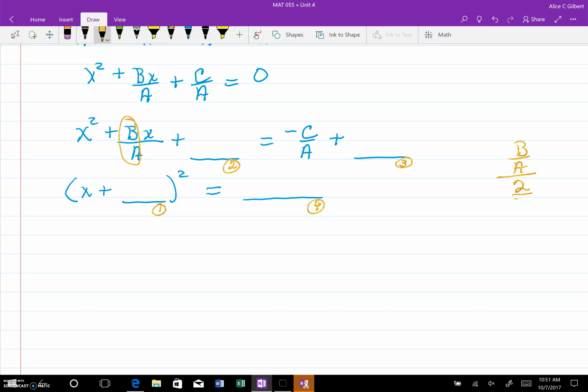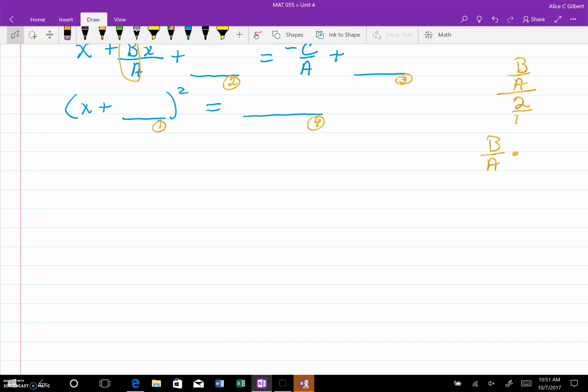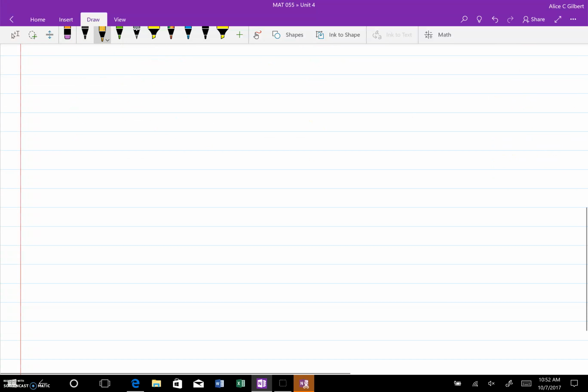Well, that's like 2 over 1. So I'm going to do copy dot flip. This is a fraction over a fraction. So b over a, copy dot change the divide to multiply and flip the bottom one. Now, there's nothing I can cross cancel, so b times 1 is b, and a times 2 is 2a.